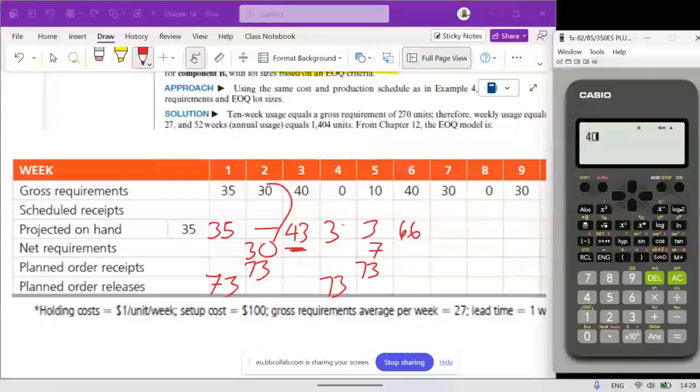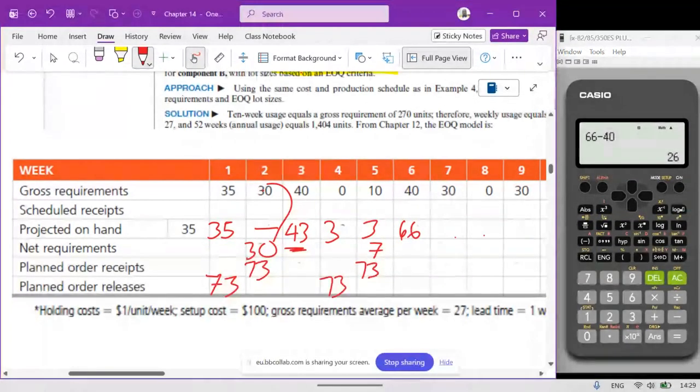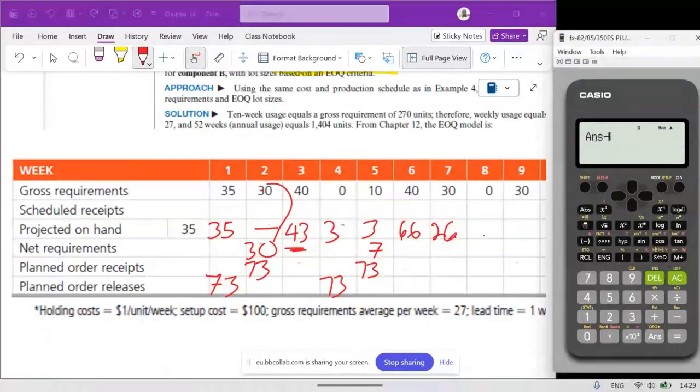What is their requirement? It is 40. 66 minus 40, then we have a positive 26. Now 26 minus 30, you're going to get a negative 4.